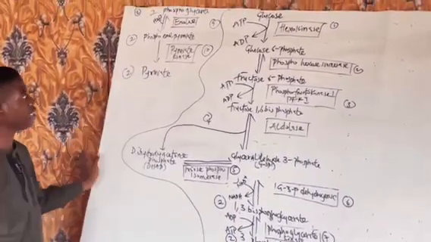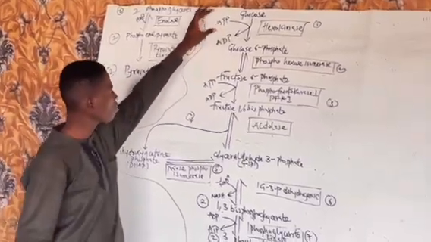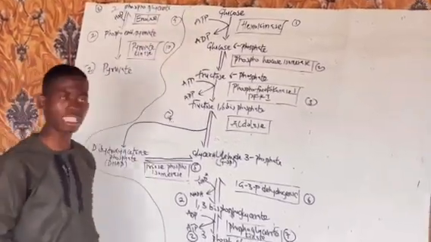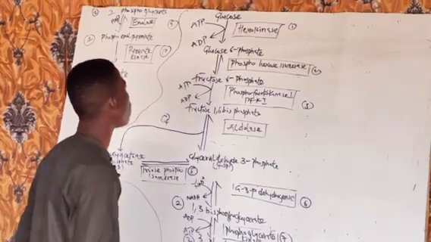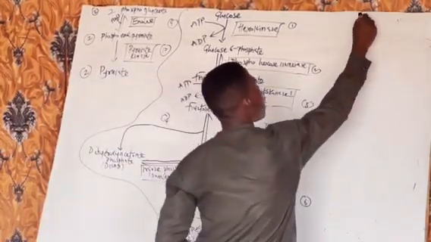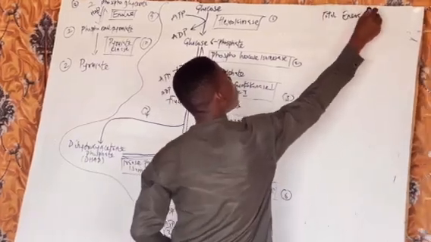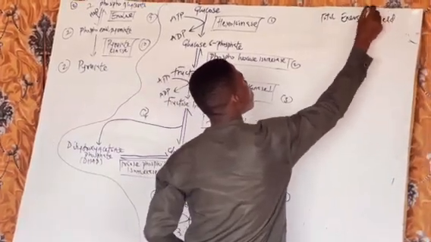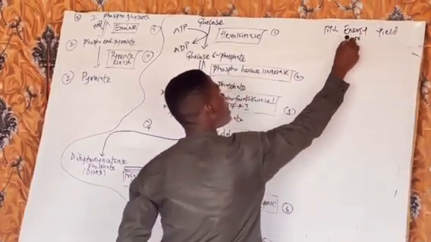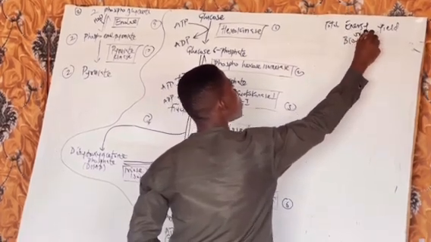As you can see, at step 1 and step 3, ATP is being used up. So we have the total energy yield. We can also call it the bioenergetics of glycolysis.